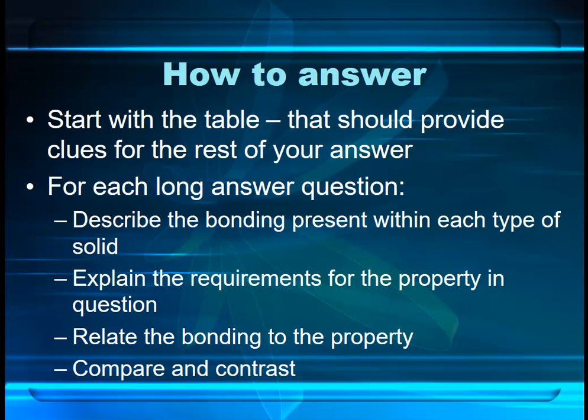You're going to explain what are the requirements for that property. What does it take for something to be electrically conductive or soluble or brittle or malleable or have a high melting or boiling point or whatever it happens to be. And then you're going to relate the bonding to the property, and you'll do that for each of the substances in the question. And you can finish off, if required by the question, with some kind of a comparison.